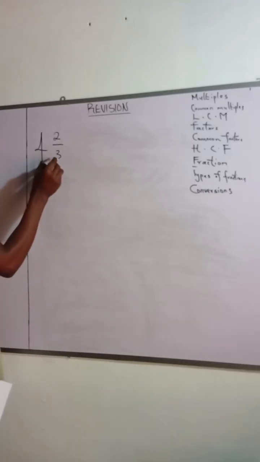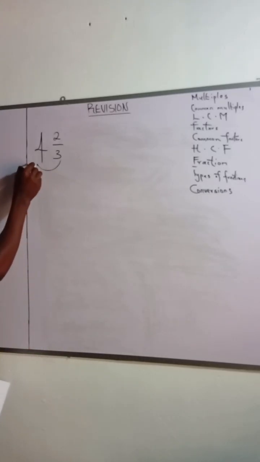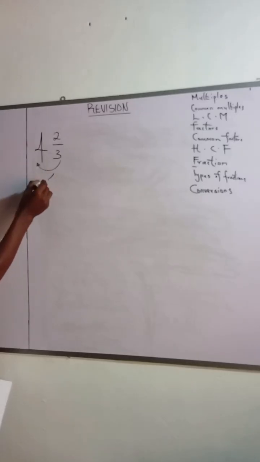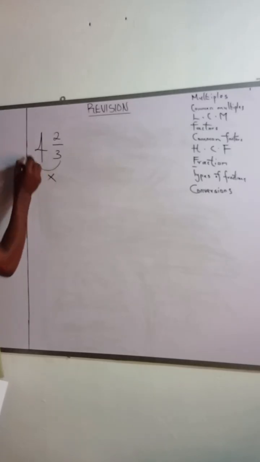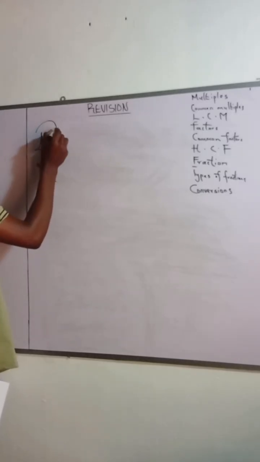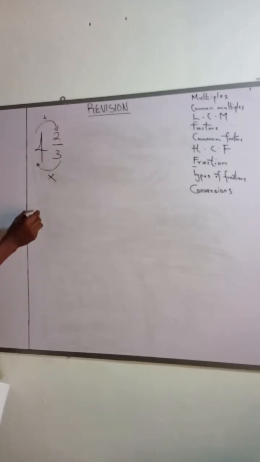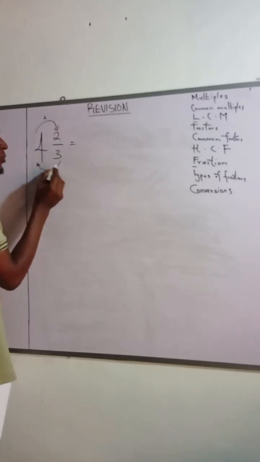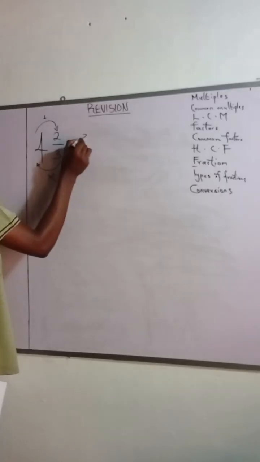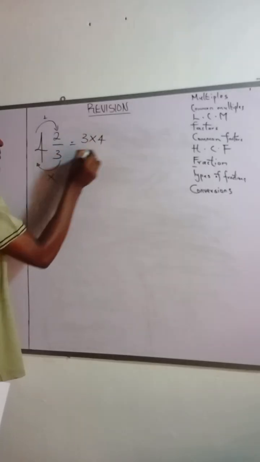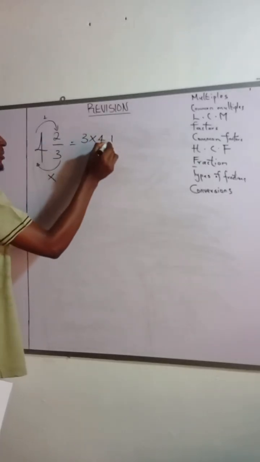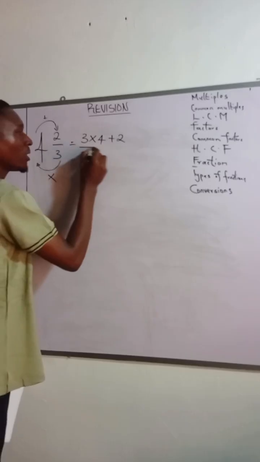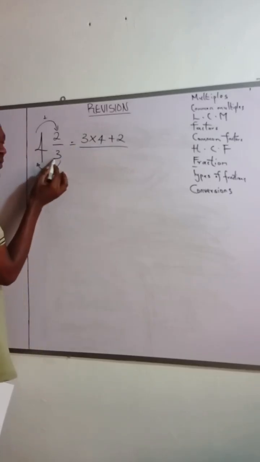I told you, multiply in a circular form starting from the denominator. You multiply 3 times 4, and then you add it to 2. That is, you do 3 multiplied by 4 plus 2, all over the denominator, which is 3.